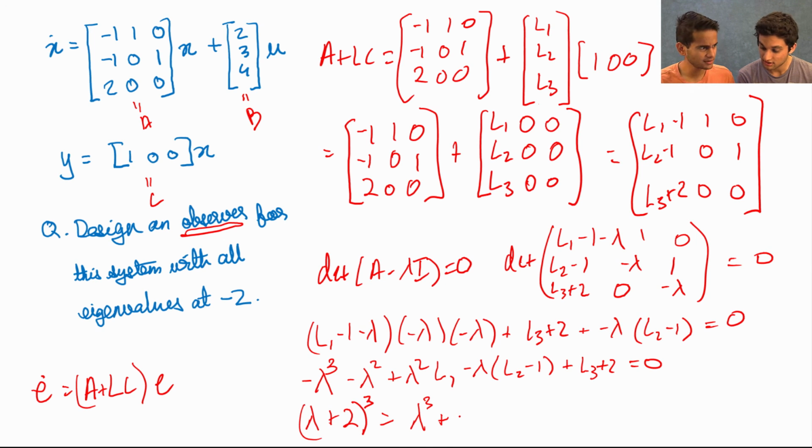Is it 8 lambda? No, just 8. That's a constant term. You have middle terms too. Yeah, I was just doing the ones we know first. I was just going to do the binomial theorem. Anyways, plus 3 lambda squared times 2, so 6 lambda squared. Yeah, you're fine. Okay, I was doing it correctly.